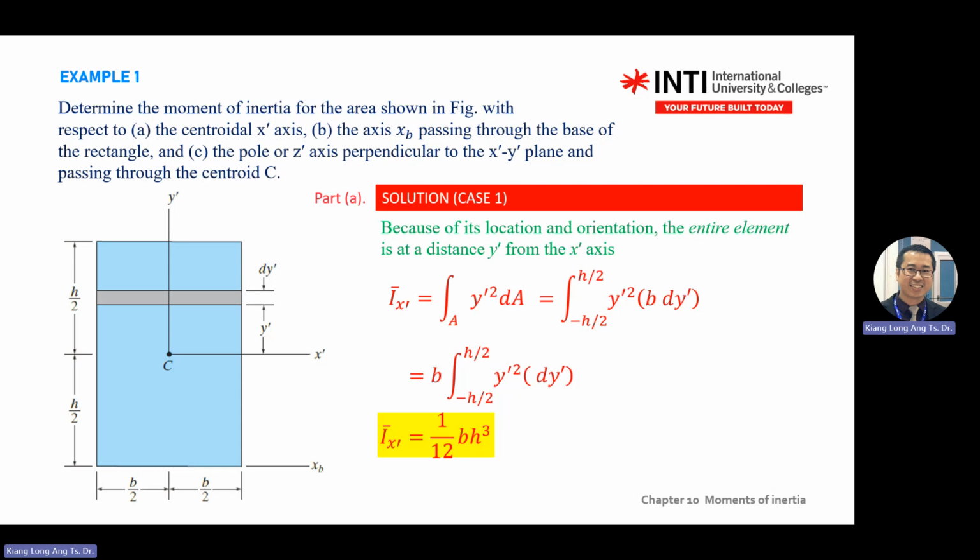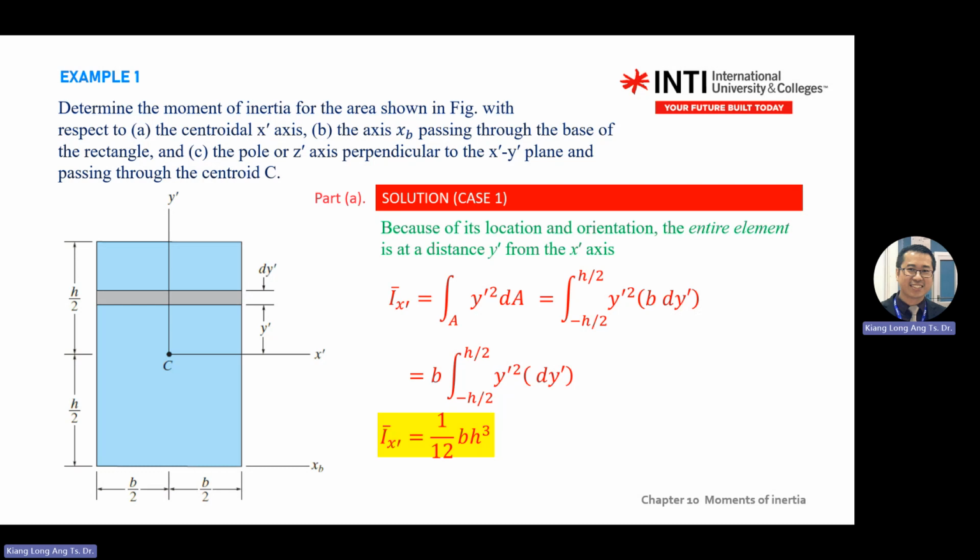Then you substitute h divided by 2 minus negative h divided by 2, minus a negative gives you positive. So at the end, you arrive at one answer. For a rectangle, your Ixx at the centroid axis is 1/12 b h cubed.